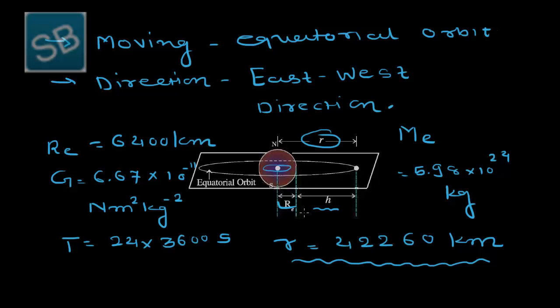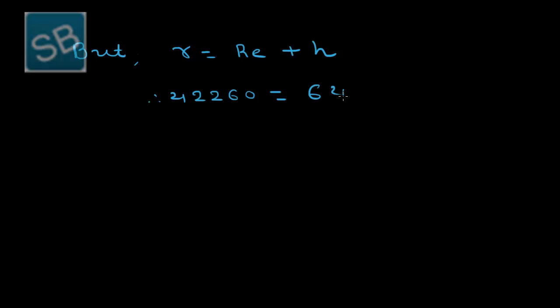Now, as per the equation, r is equal to Re plus h. Here the value of r is 42,260 is equal to the value of Re, which is the radius of the earth, 6,400 plus h.